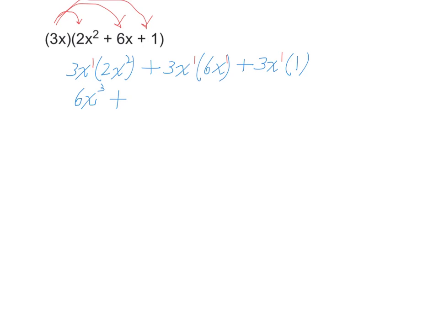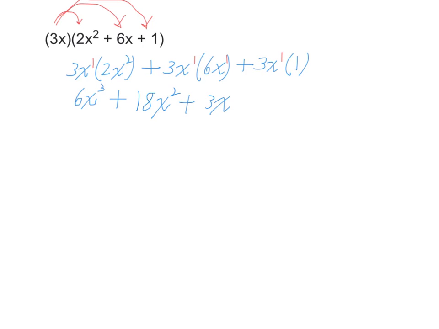Here's another 3 times 6. That's 18. And I have like bases, so I'll add the exponents. 1 plus 1 is 2. And finally, I have just a plain 3x. So again, a preview into where we're headed next.